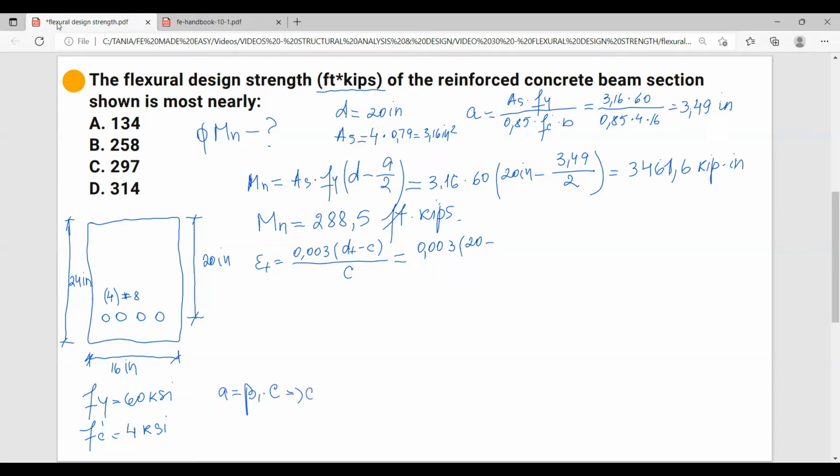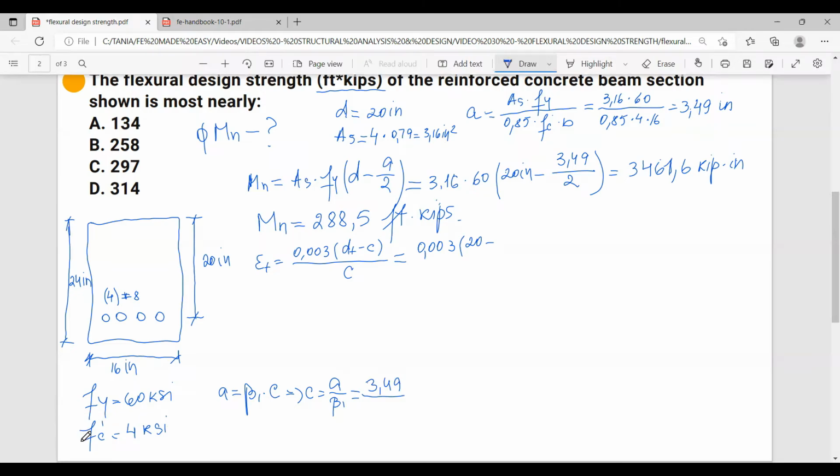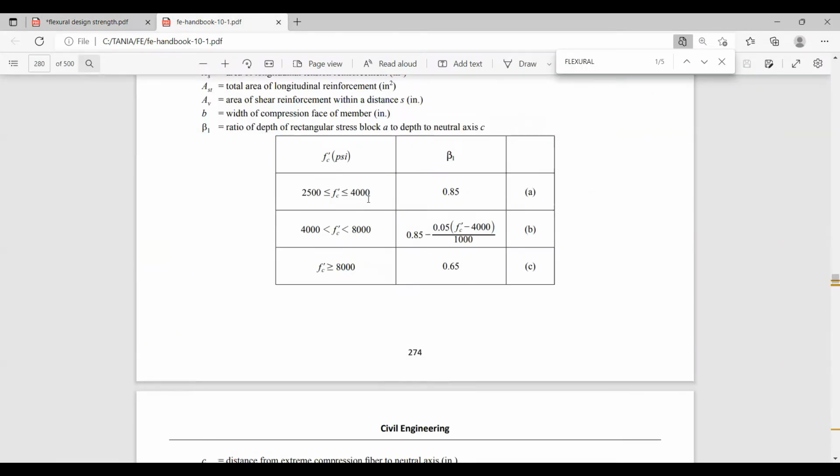And from here, c will equal a over beta 1, which equals 3.49 over beta 1. Beta 1 depends on fc prime, which in our case is 4,000 psi. Here it tells us that beta 1 equals 0.85 if fc prime is less than or equal to 4,000 psi, which is our case. So in our case, beta 1 is 0.85.